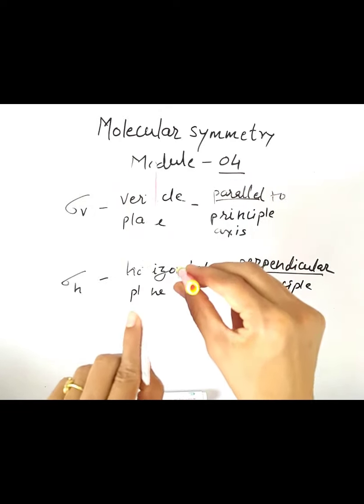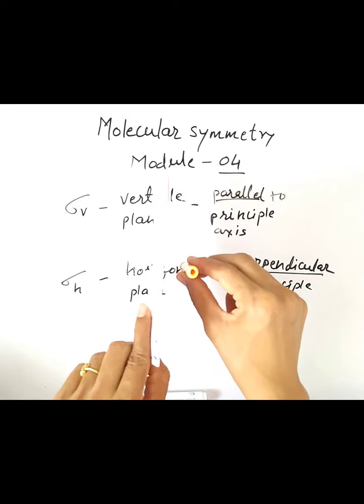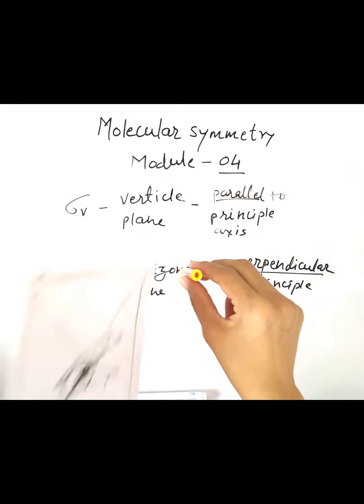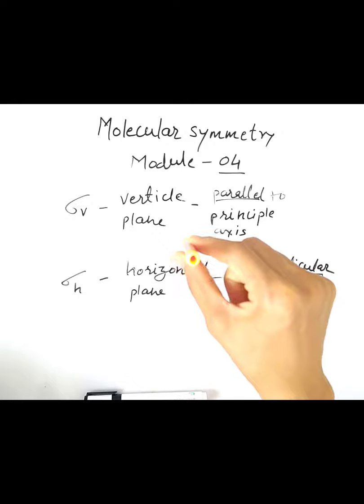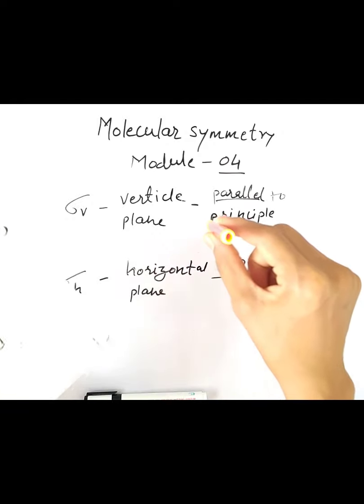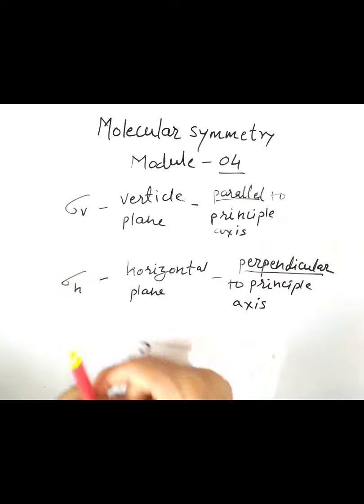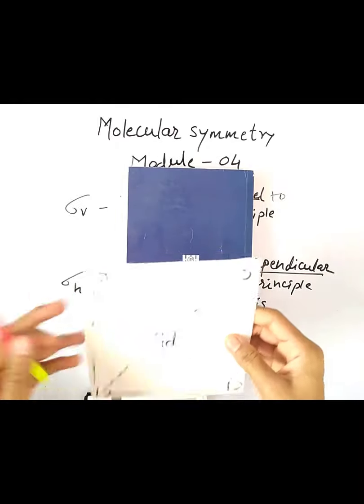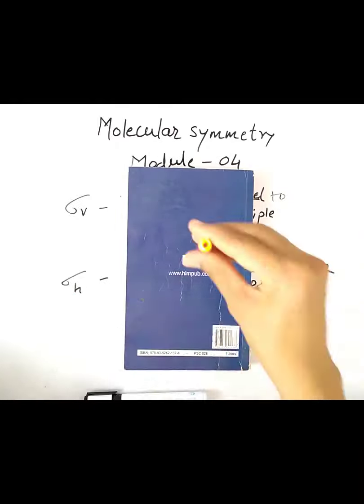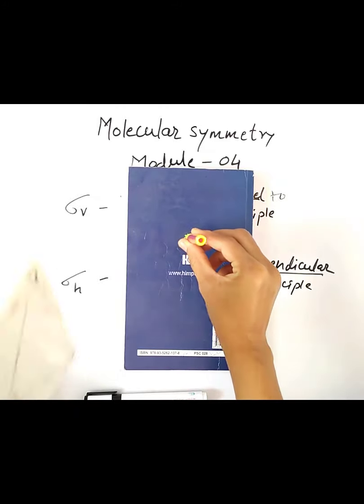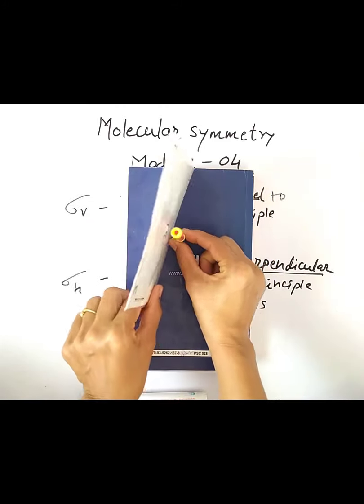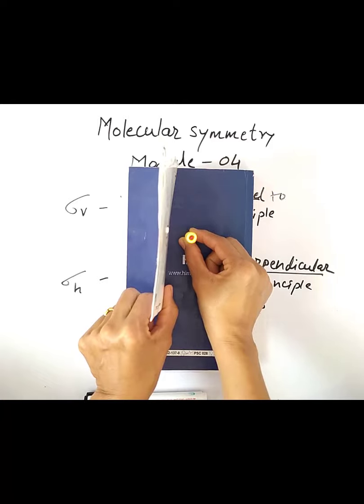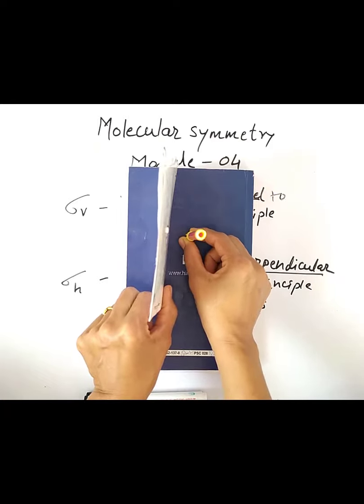Such a plane will be called as sigma v. And if we are passing the principal axis like this and the plane is passing like this, suppose this is the principal axis and this is the plane, they both are parallel to each other, so it is sigma v.